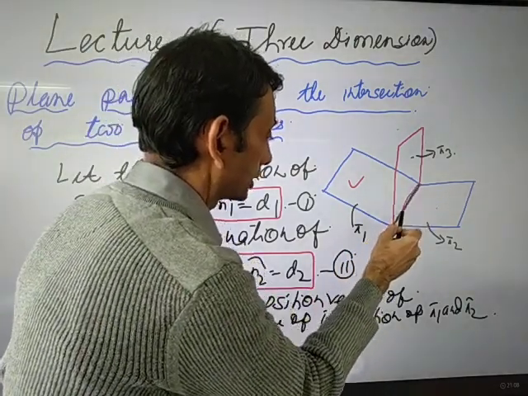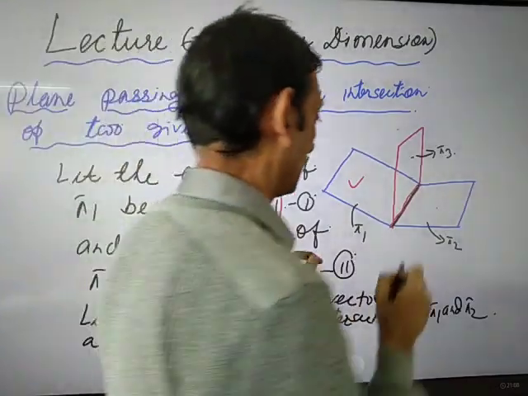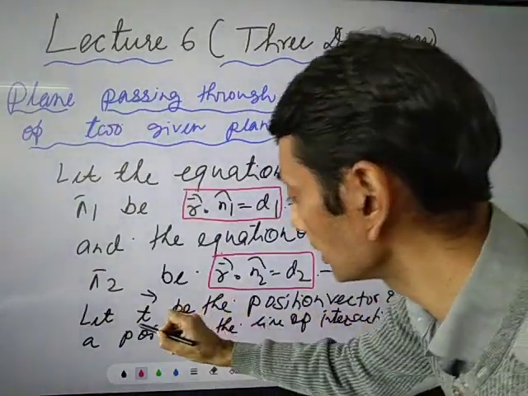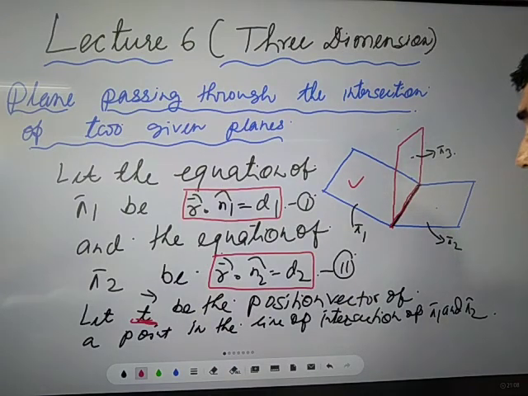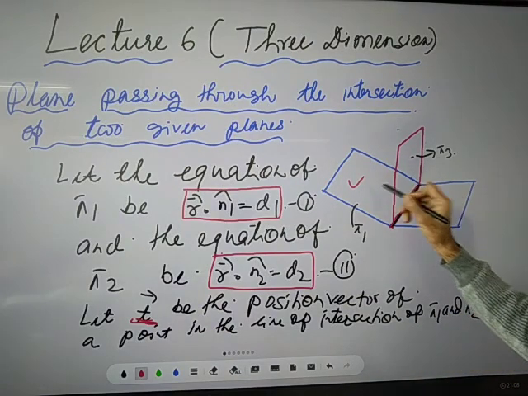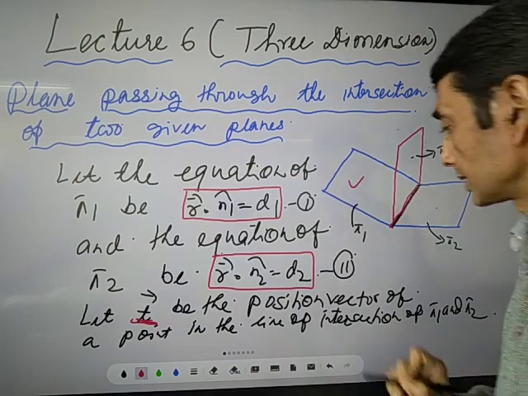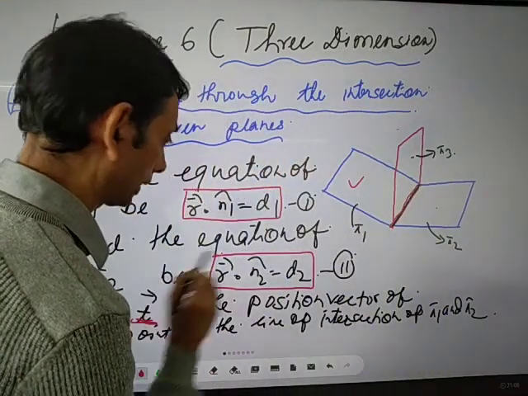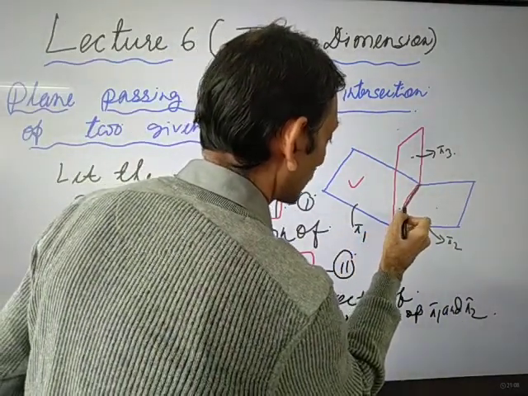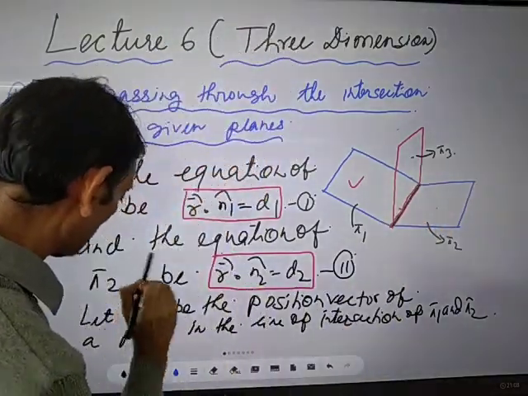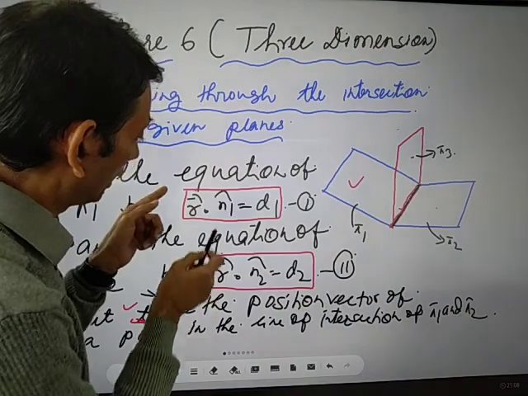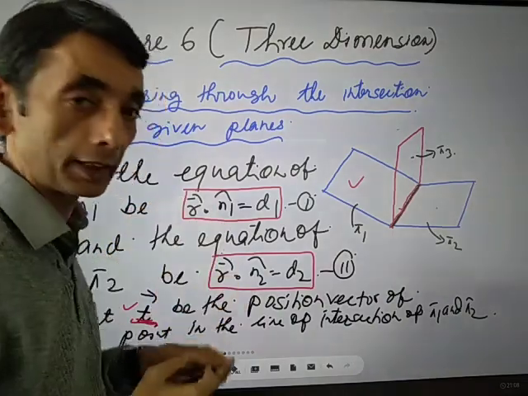We are assuming that t is the position vector of a point in the line of intersection of pi1 and pi2. Since this point lies on the line of intersection of both the planes, this position vector will satisfy both equations 1 and 2.